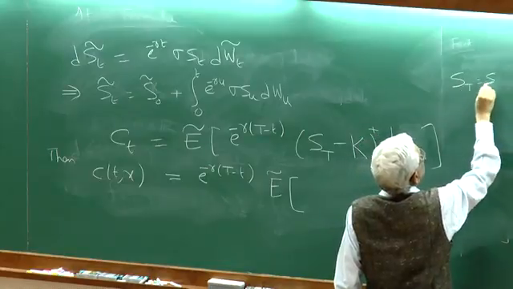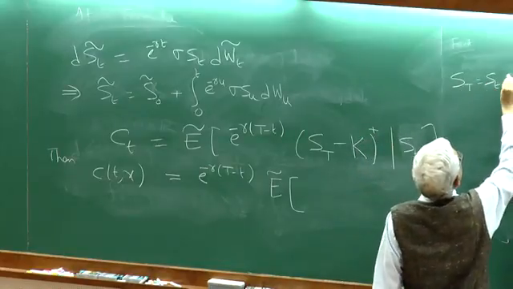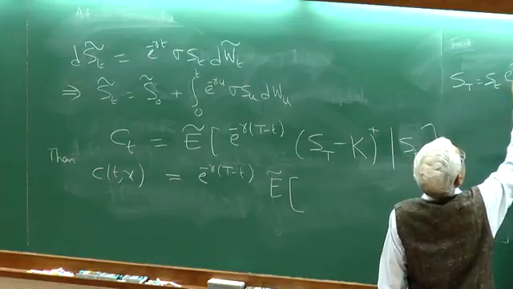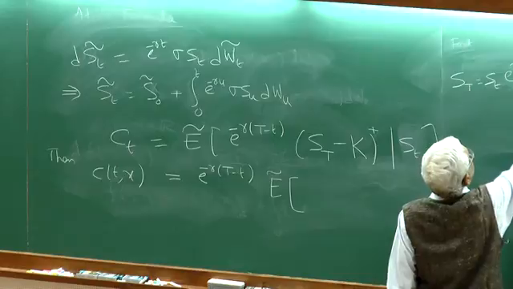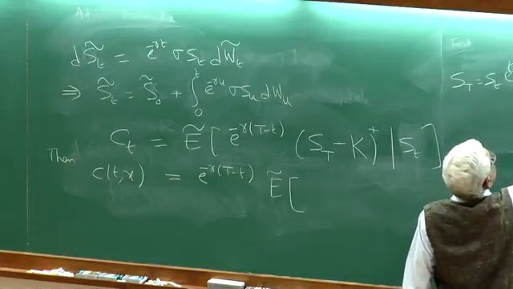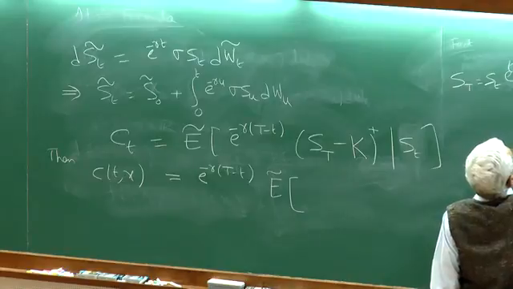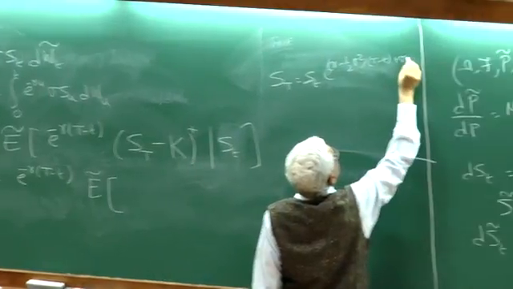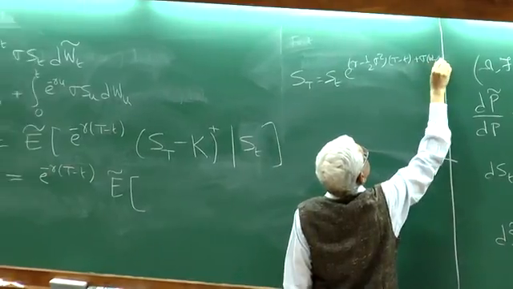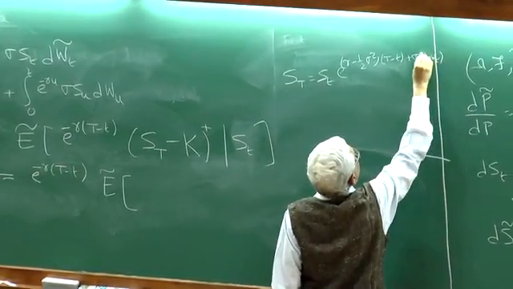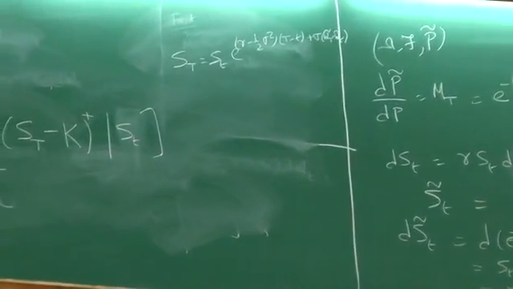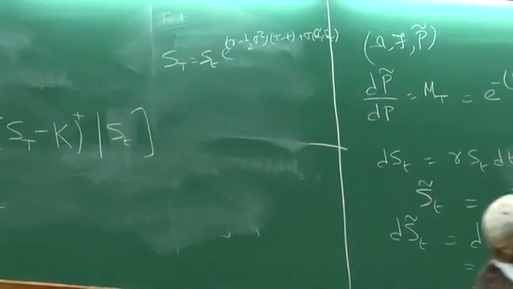ST equals St e to the power (r minus half sigma square)(T minus t) plus sigma (WT tilde minus Wt tilde), right? I can solve this equation explicitly.